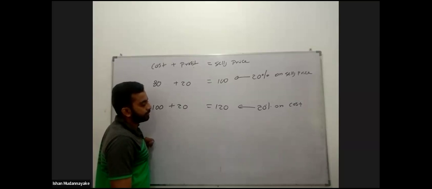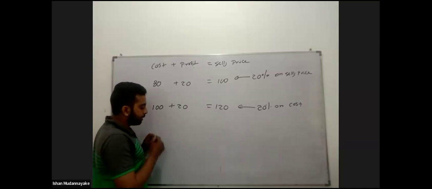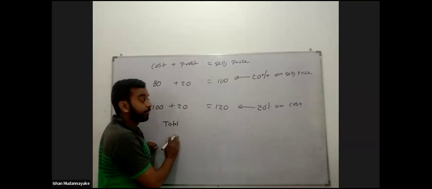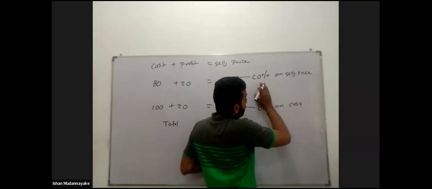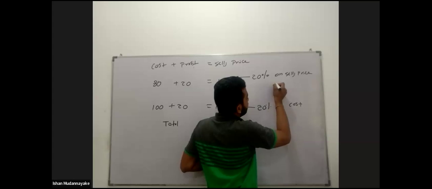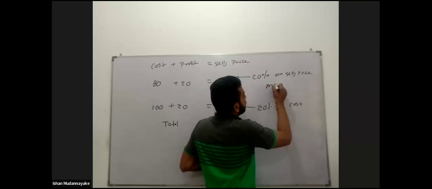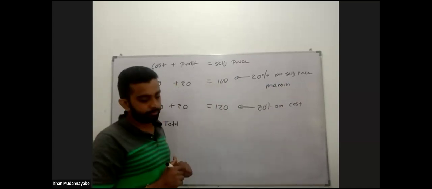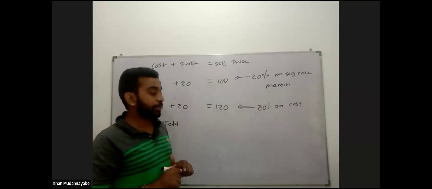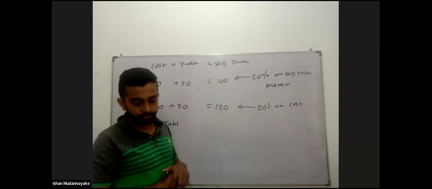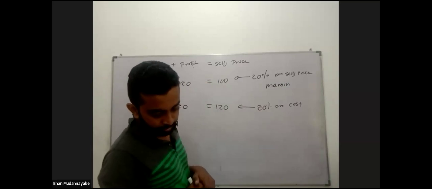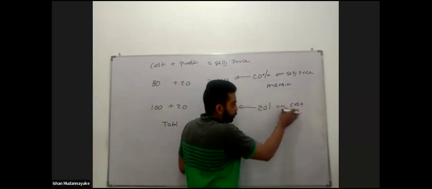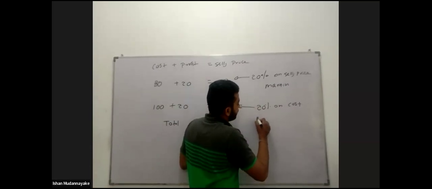Let's say in a business organization, total sales. Another name for 20% on selling price is margin. 20% margin means 20% on selling price. And another name for 20% on cost is markup.